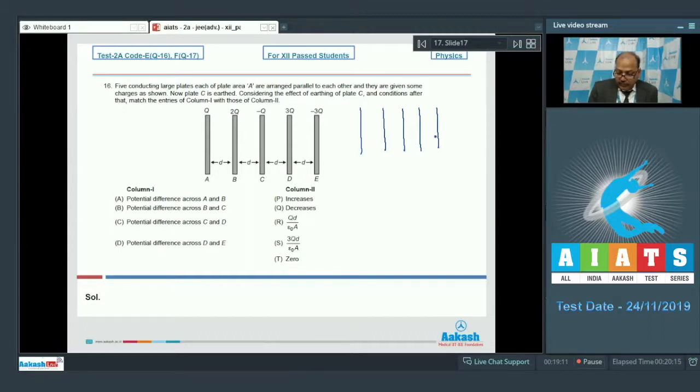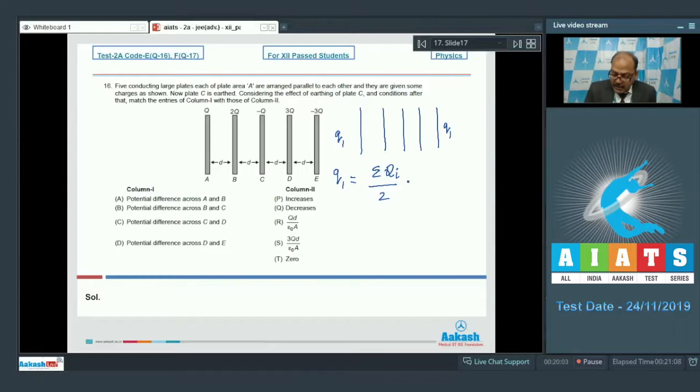Now we know on the outermost surfaces of the first plate and the last plate, the charge can be given as, if I say the charge here is Q1, here also it's going to be Q1, and this value of Q1 is going to be equal to sum of all the charges, summation Qi divided by 2.